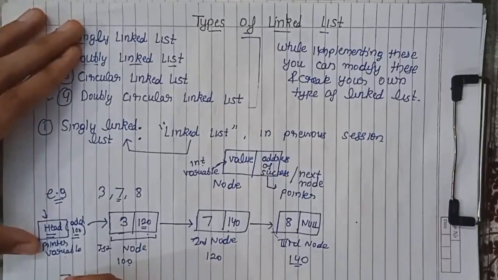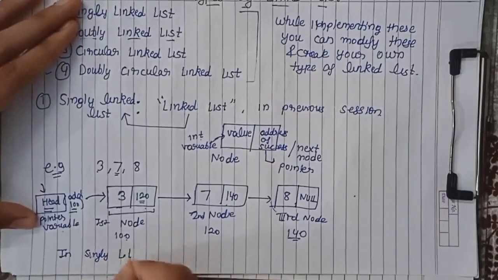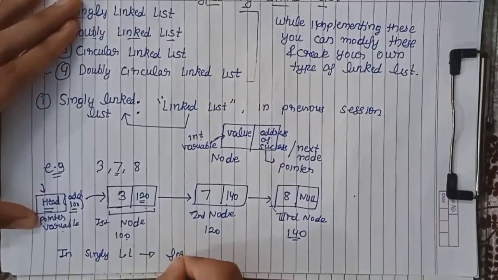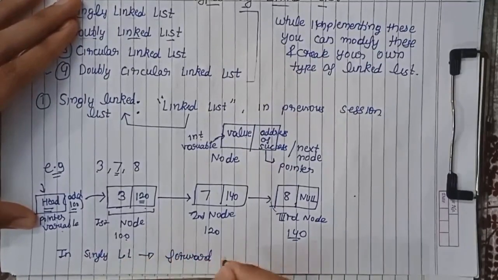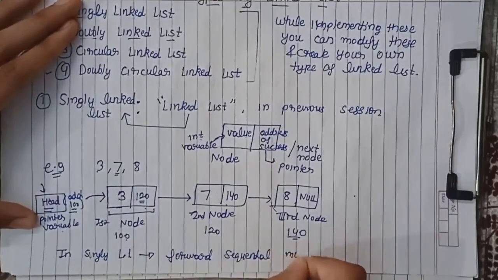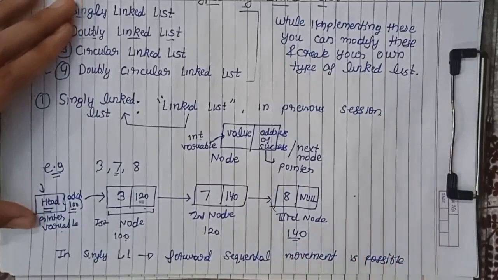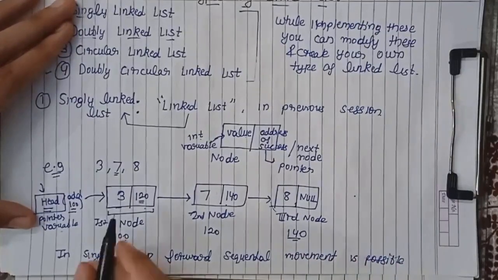Now in the singly linked list, only forward sequential movement is possible. Now why is only forward sequential movement possible?